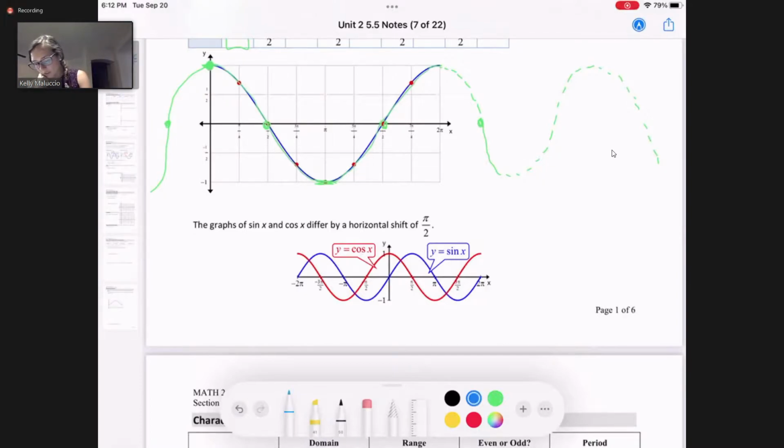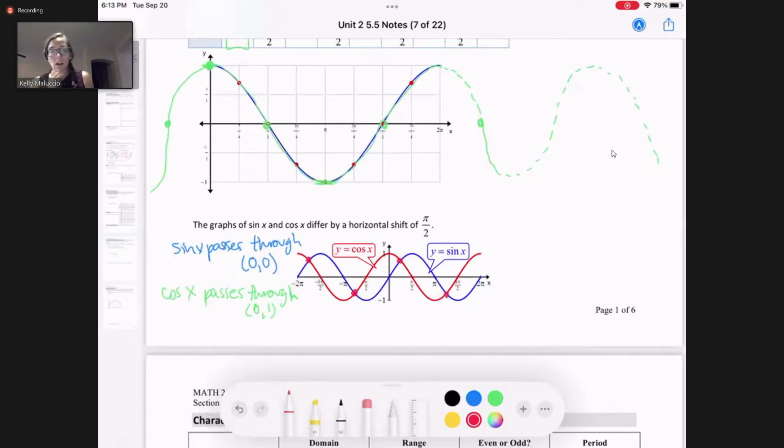So what I just said is that sine of x passes through 0, 0, whereas cosine passes through 0, 1, right? And maybe I should have written it as I said it. But they both, notice how they overlap, they intersect every so often, right?